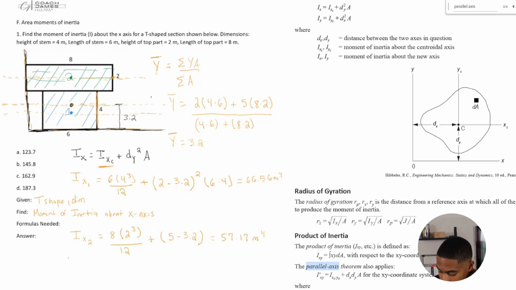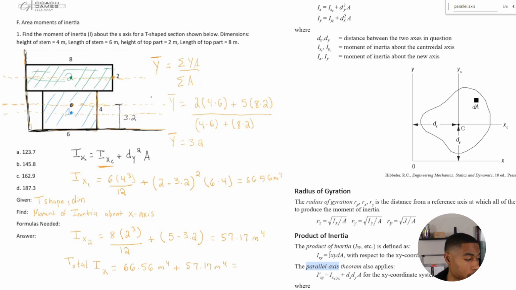Your total inertia about the x-axis of the shape is going to equal your 66.56 meters to the fourth plus your 57.17 meters to the fourth.